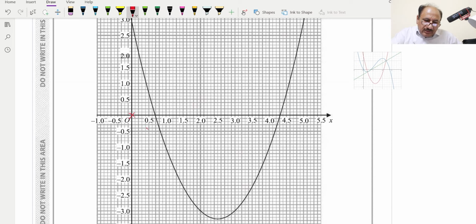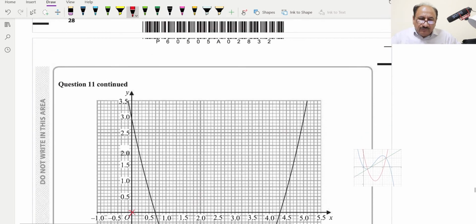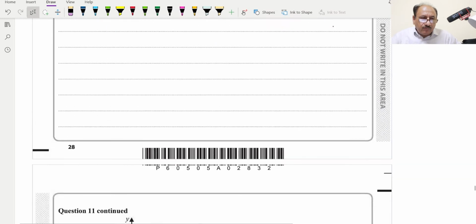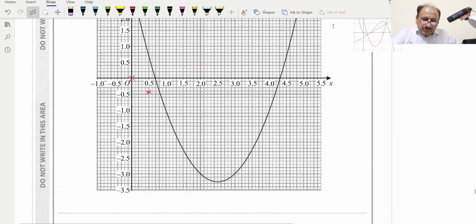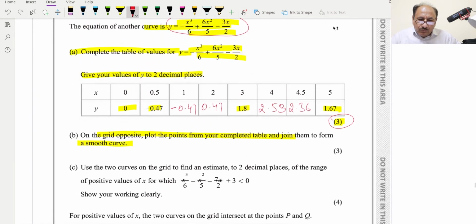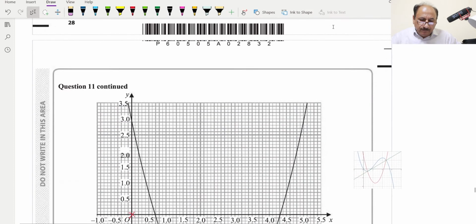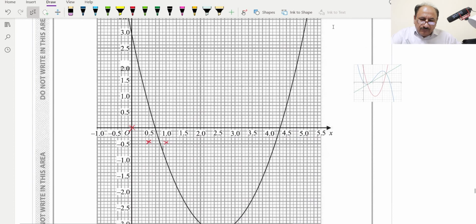We can indicate it roughly over here. And the third value is 1 and minus 4.7 for 1 as well, so that will be this value. And then for 2 it will be 0.47. So we got this value as well.